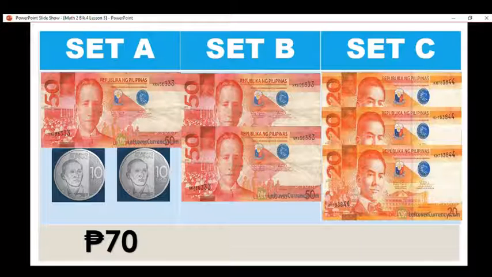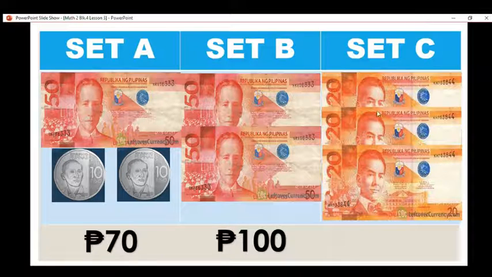So in set B, we have 100 pesos. How about set C? As you observe the following bills, we have three bills of 20 pesos. We'll skip count by 20: 20, 40, 60. So we have 60 pesos in set C.